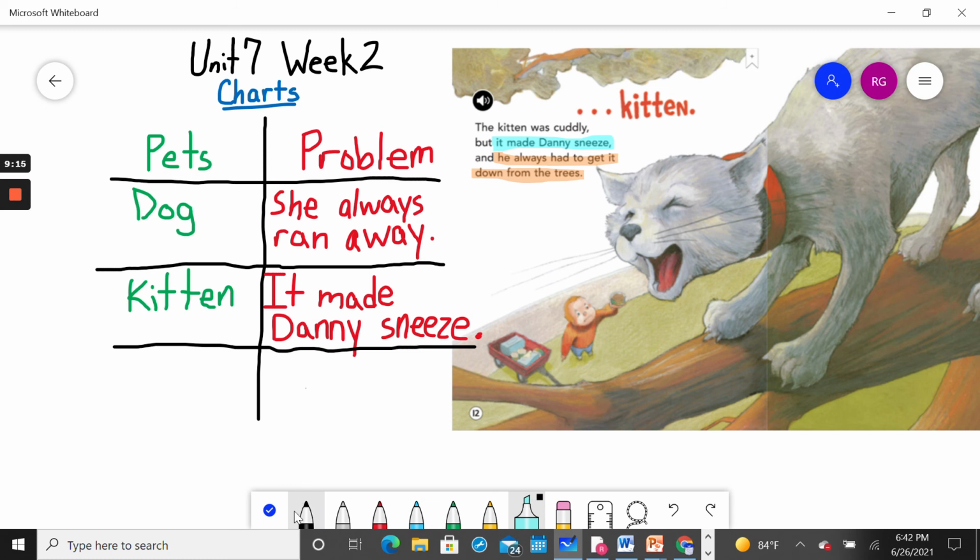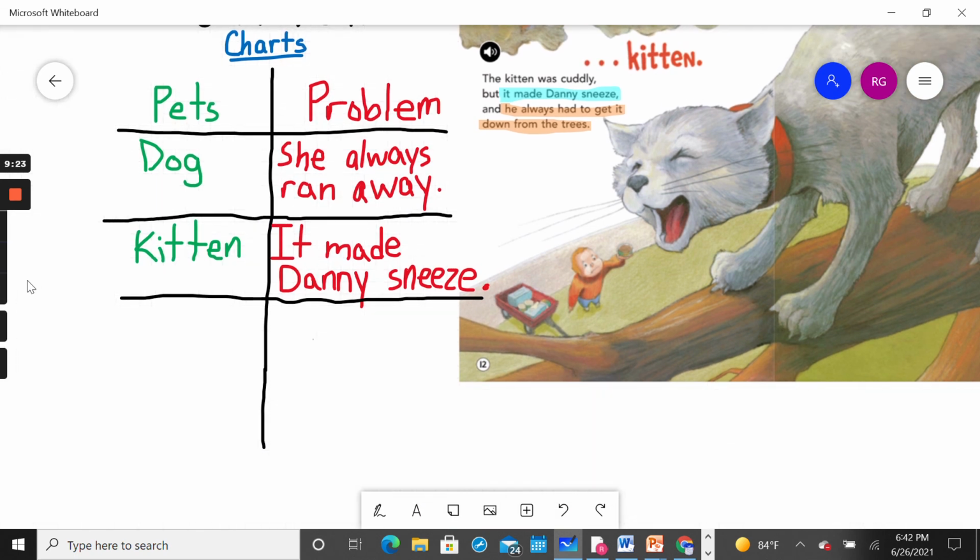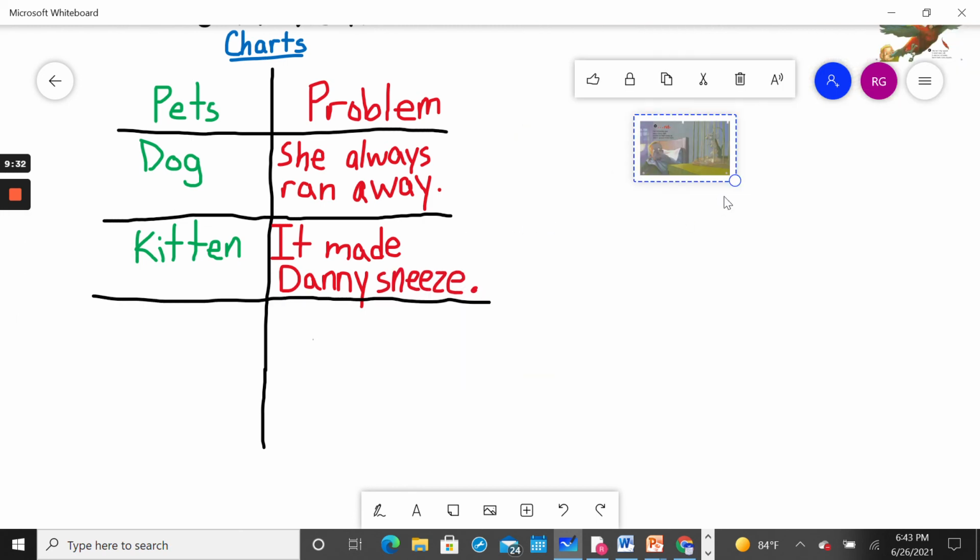Now, I'm not going to do the next two with you, but I do want you to look at what the next two are and to fill in the chart with what that pet is and what that problem is. So first, Danny was given a pet dog, and he had the problem that she always ran away.